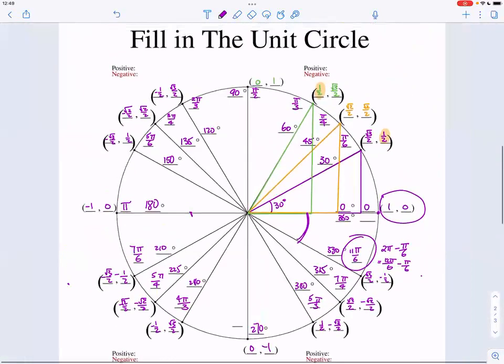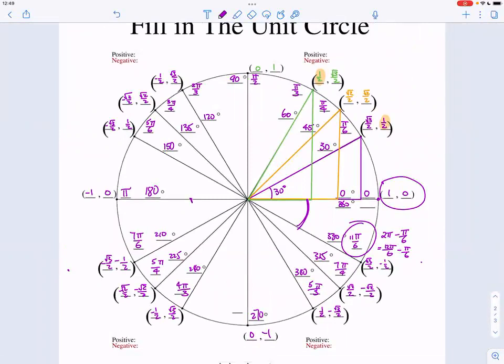Now, if I remember correctly, there will be a quiz on this. And if I remember correctly, we'll just hand you a blank unit circle, just like this, and you fill out all the blanks. That's a quiz. I think you have 10 minutes for that. Now, if you receive that piece of paper and you say, let me figure it out, then you have a lot to figure out.